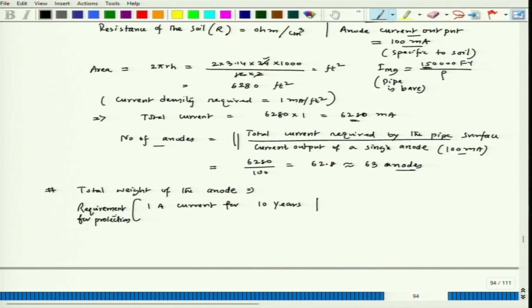So, 1 ampere current for 10 years, that will be the requirement, and we know the anode capacity. Now, we know magnesium has an anode capacity of the order of 50% of its theoretical.